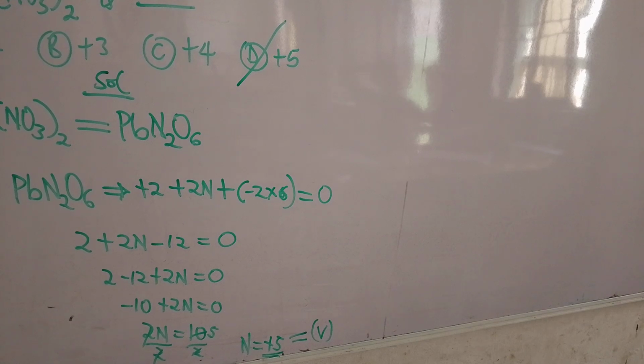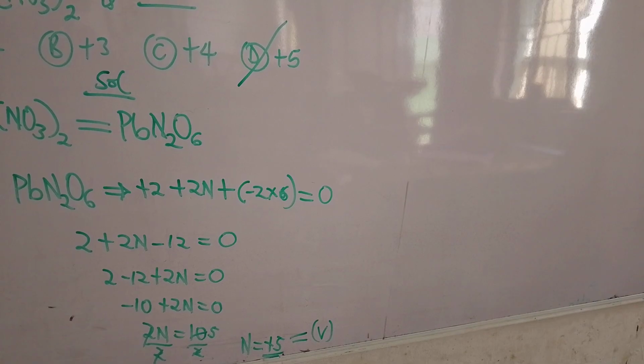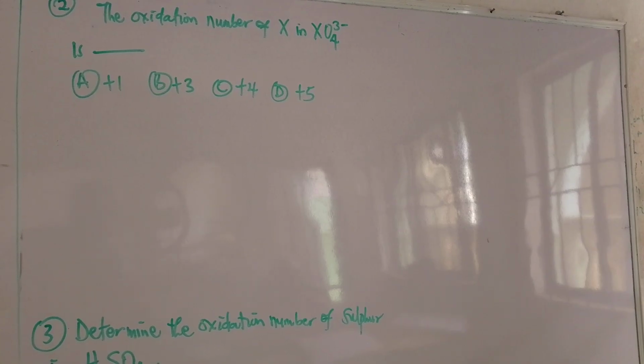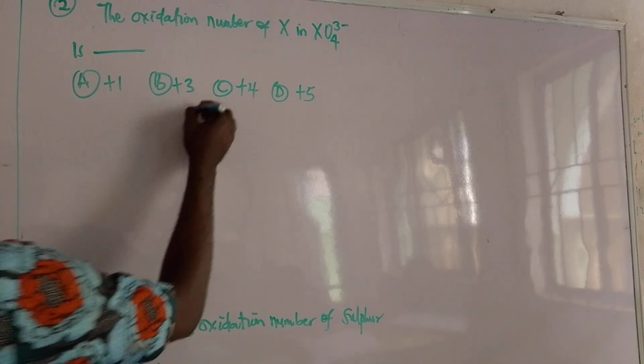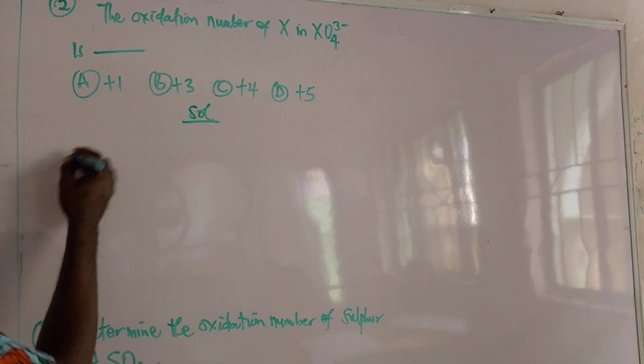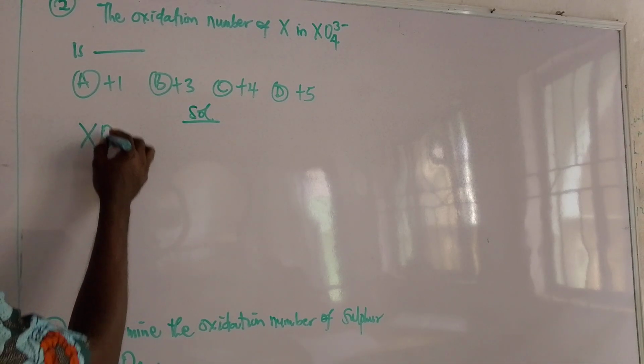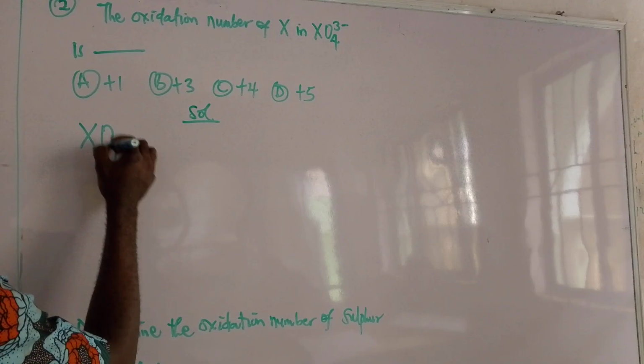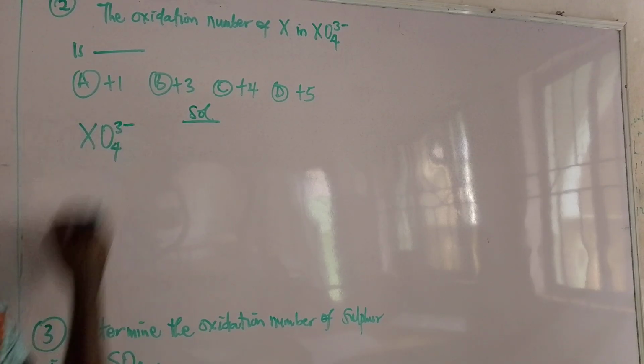So I will give you another example so that you can see this second question. Oxidation number of X in XO4 3 minus. How do we solve this? Please write it the way you are seeing it, not that you should write it anyhow.